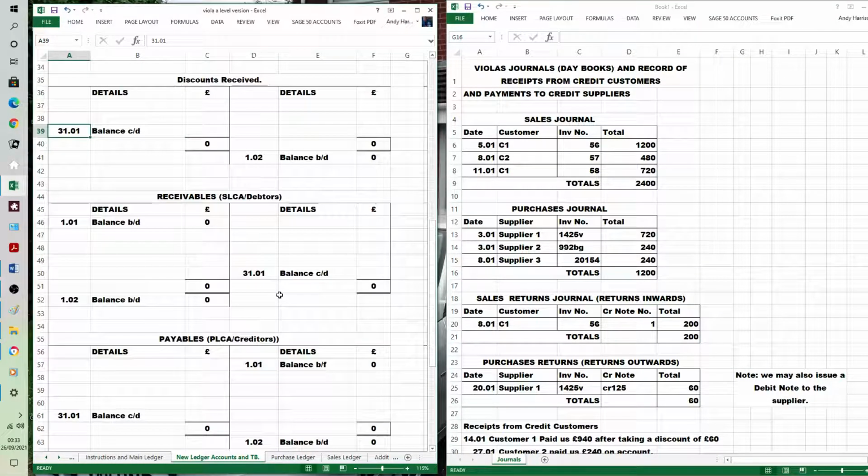It doesn't matter which way around first. So the sales journal is sales, so one entry into sales are credits, but this is a control account. So if we sold goods on cash, it would be credit sales, debit bank, but it's not going into the bank, it's going into the control account instead.